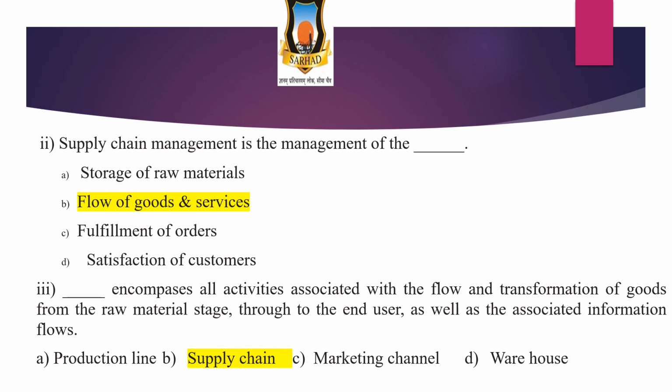Next question is: the dash encompasses all activities associated with the flow and transformation of goods from the raw material stage through the end users as well as the associated information flows. The correct option is supply chain, because the supply chain is a flow of goods, services, and information.